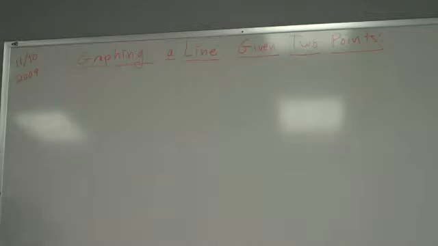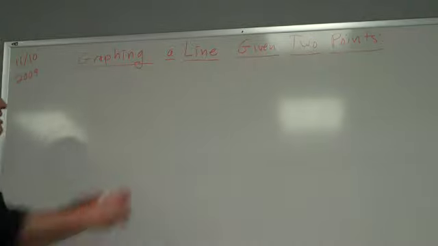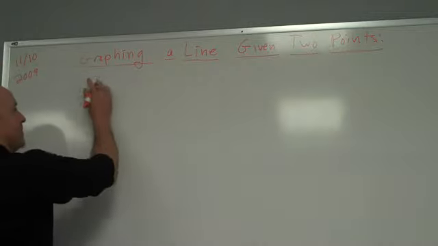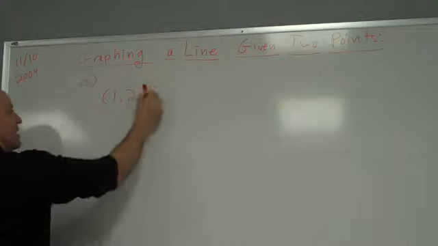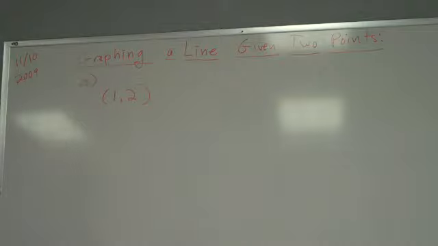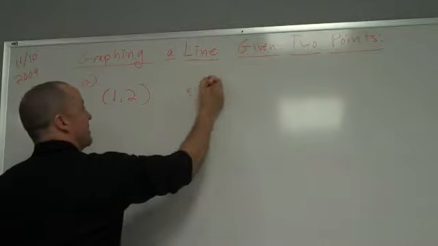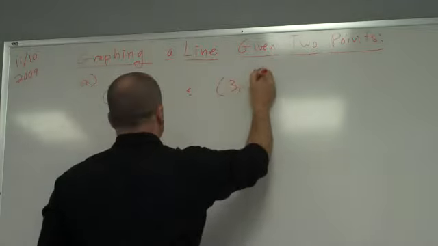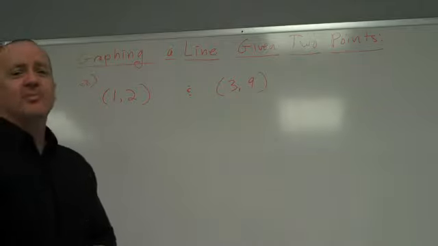All we're doing today is adding a couple of steps to what you mostly should already know how to do. Let me start with an example. If I give you any 2 points, 1, 2, and 3, 9, and I say give me the equation, tell me how.